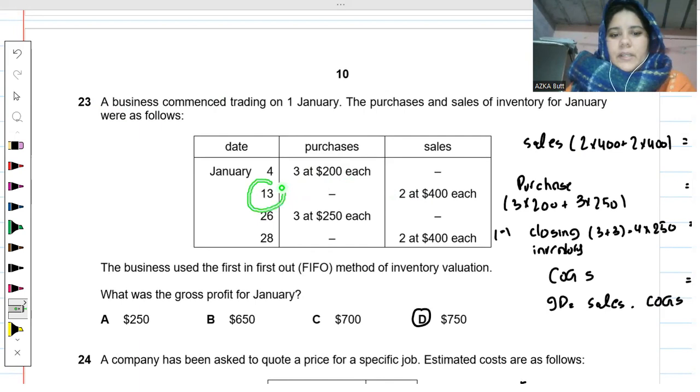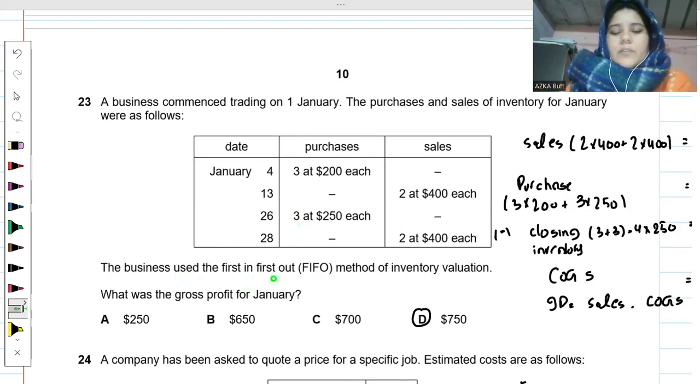On the 13th, we sold 2 items from these 3 items. On the 26th we purchased another 3 items, and on the 28th we again sold 2 items, one from the first batch and one from the second. So we have only 2 items left, maybe lying in our warehouse.